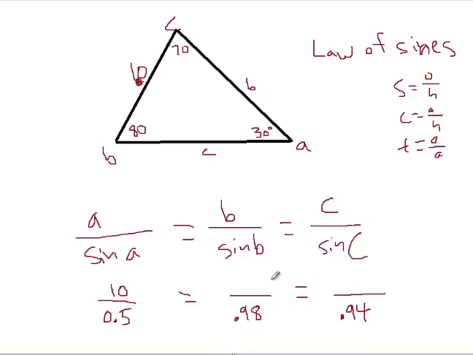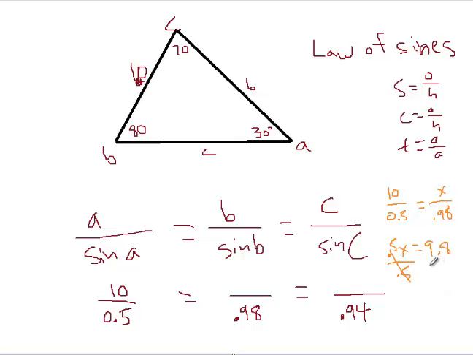Now, in order to figure out what side B is, we would use this proportion. In order to find out what side C is, we'd use that proportion. And we could use them both off this one. So let's start with B. B is 10 over 0.5 equals x over 0.98. Okay, cross multiply. 0.5x equals 10 times 0.98, which is 9.8.